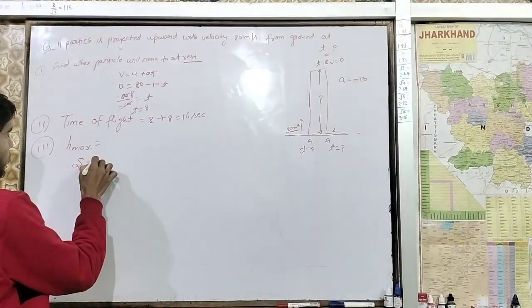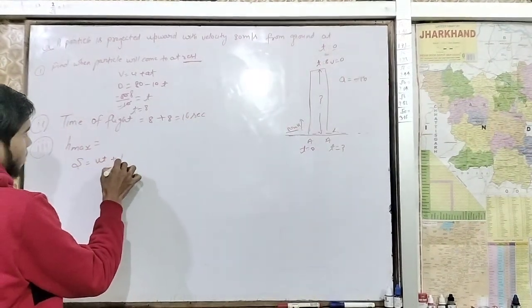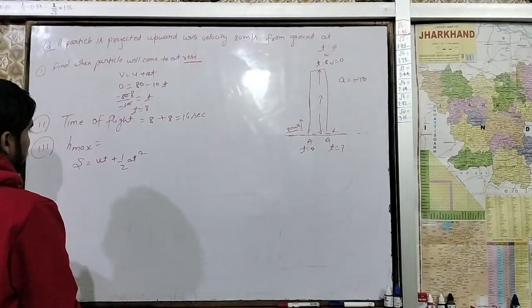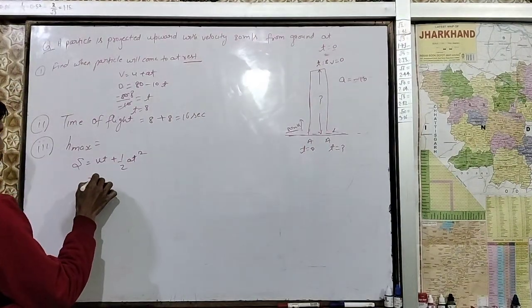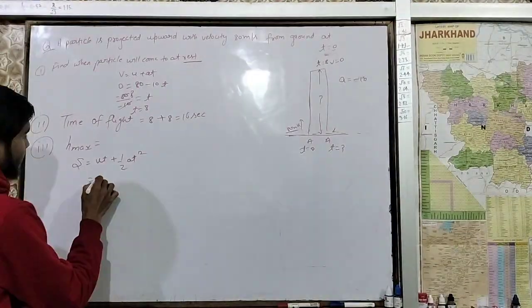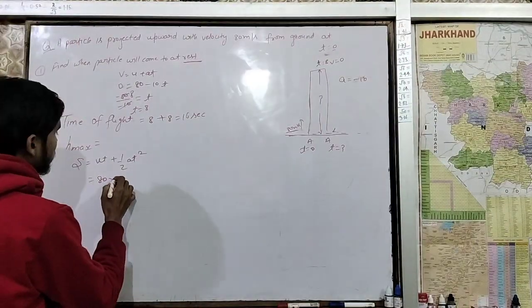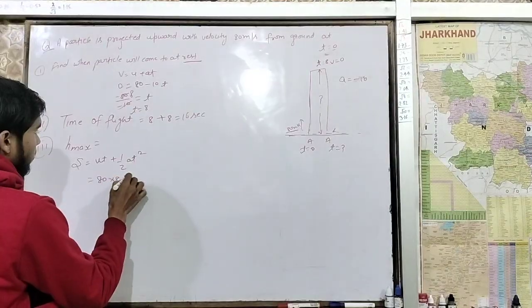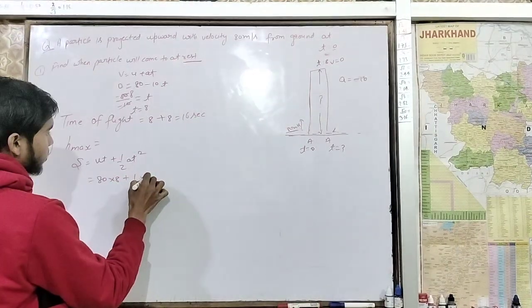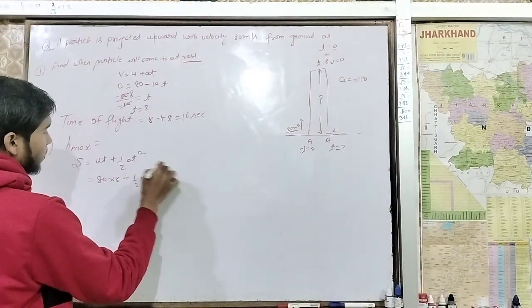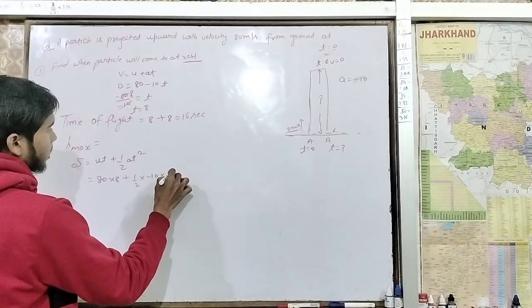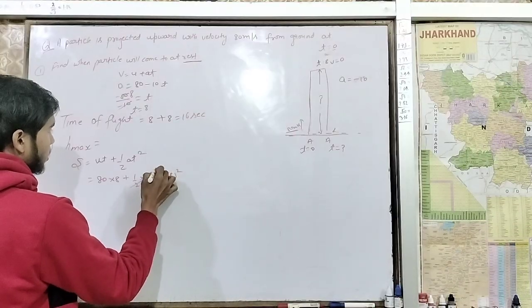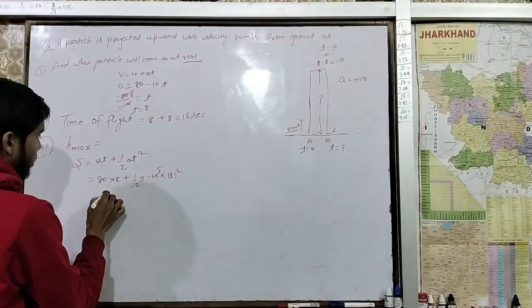s is equal to ut plus half at square. u is the initial velocity 80, time 8, plus half, a is minus 10, multiplied by t is 8 raised to power 2. 8 8s are 64.